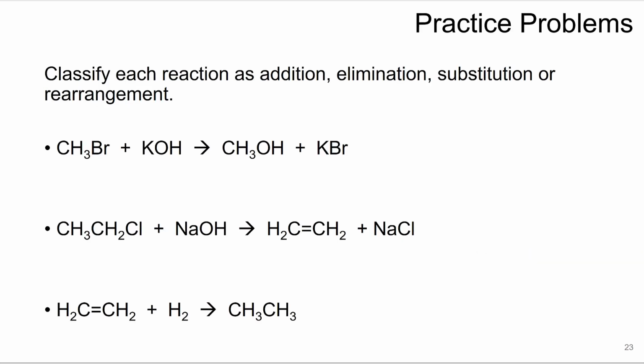Okay, so we want to try and classify how each of these reactions occur, or what is happening in each of the reactions. We start with CH3Br plus KOH, and we notice that there's an OH now on the CH3 and the KBr here. This is doing a swap out. So it's a substitution reaction.